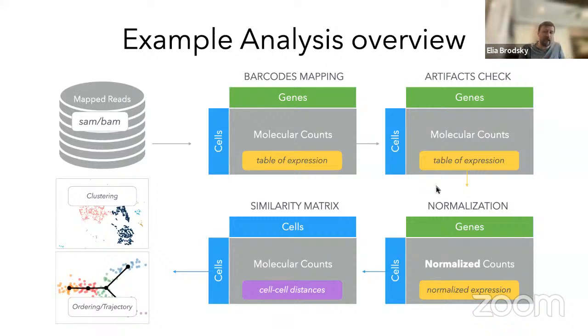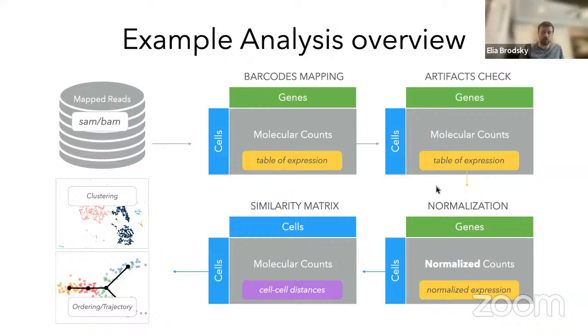Once we have that, just like we do in bulk RNA-seq, we're going to normalize the data, because we know that the differences between mRNA levels are not always coming from biological differences. They could be coming from technical variability issues. And finally, we want to understand differences between groups of cells. So let's now take a look at how we go to this downstream analysis.